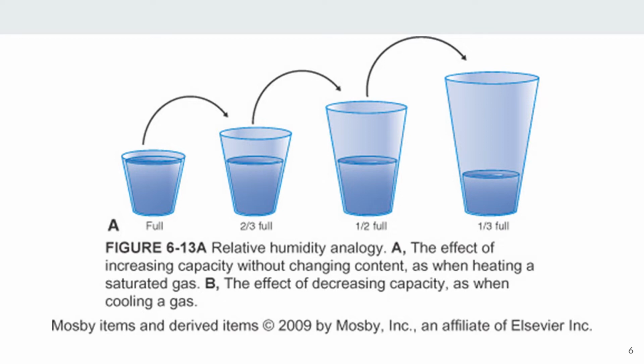You can see that every amount in every cup, the full, the 2/3, the 1/2, and the 1/3, is all the same amount of water. However, the capacity, your ability to carry water vapor, has increased when you heat something.